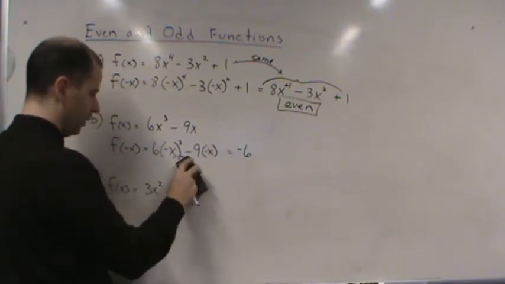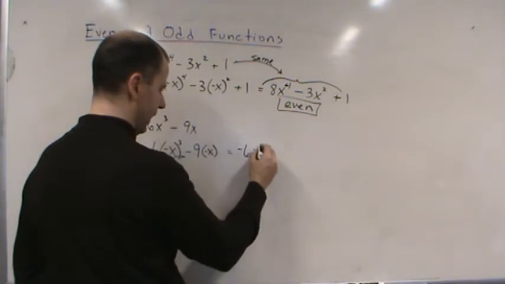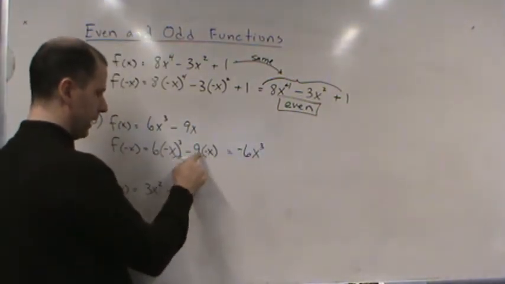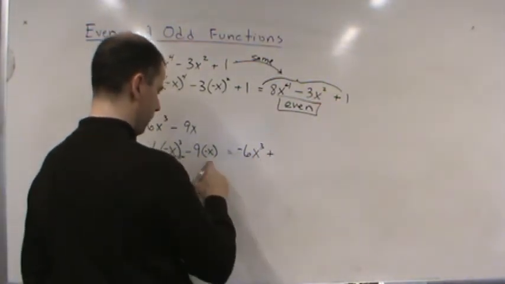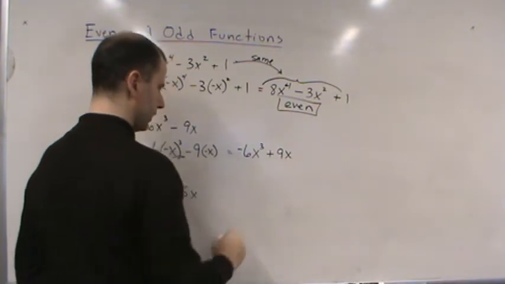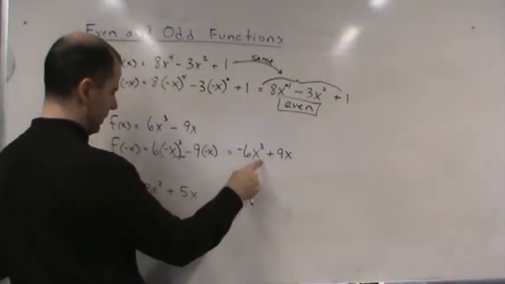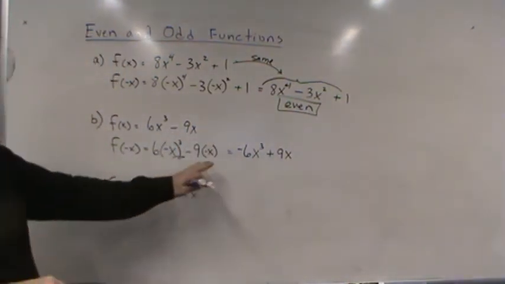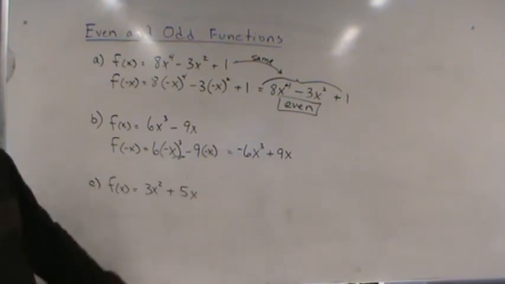Okay? So either way, you're going to get negative 6x cubed. And now, oh, here we go, negative x times a negative makes this plus 9x. Now, this is obviously not the same as the original, so it's not even. But let's see if it's odd.